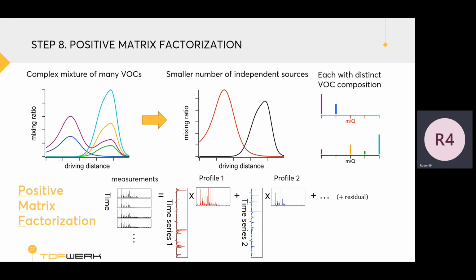And we're using one called PMF. There's some toolkits available to do this, including one that's supplied by the EPA. And what PMF does is it takes this matrix of data, with all of the measurements at each time, and it decomposes it into a few factors, each one of which has its own time series and has a unique chemical composition.